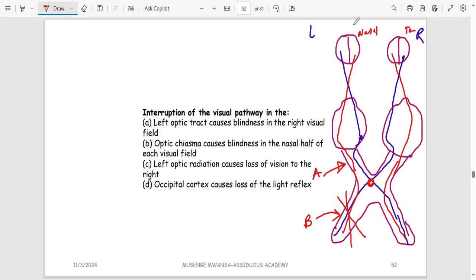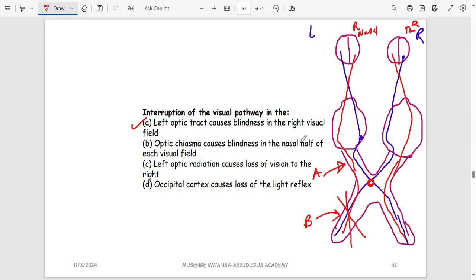Or simply, since this is the right side of the left eye and the right side of the right eye, we are calling these the right visual fields. So left optic tract causes blindness in the right visual fields. That's true, isn't it? Hope that's, yeah. And I don't expect there to be another option that's correct. So this is going to be our option.